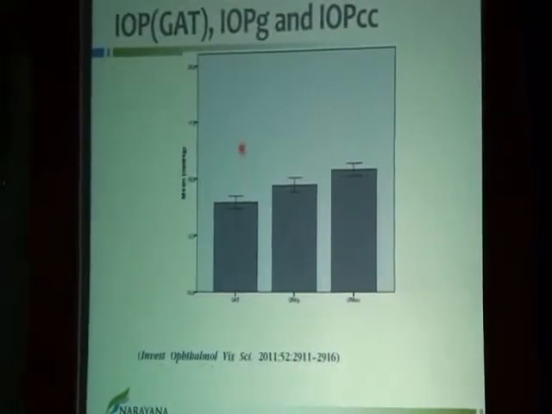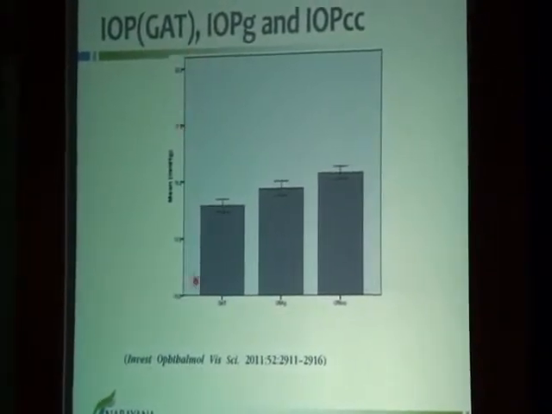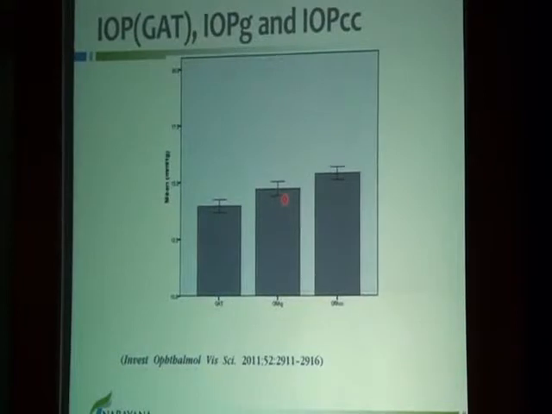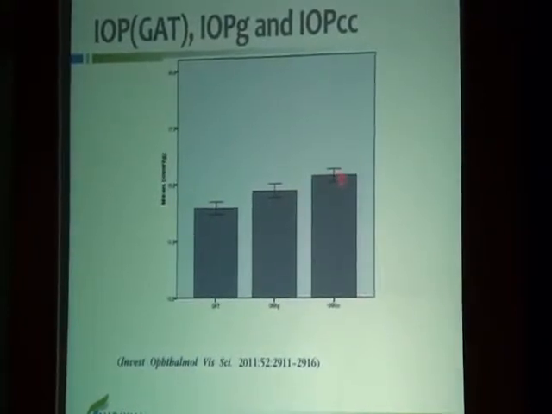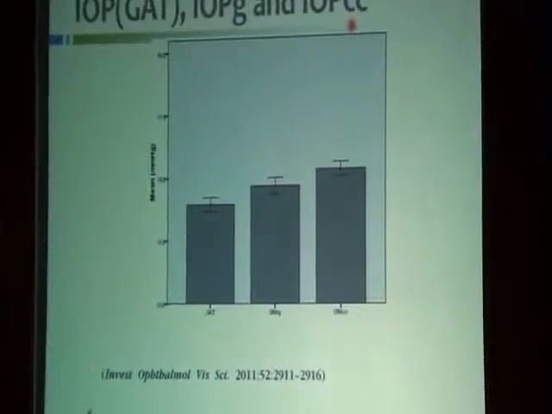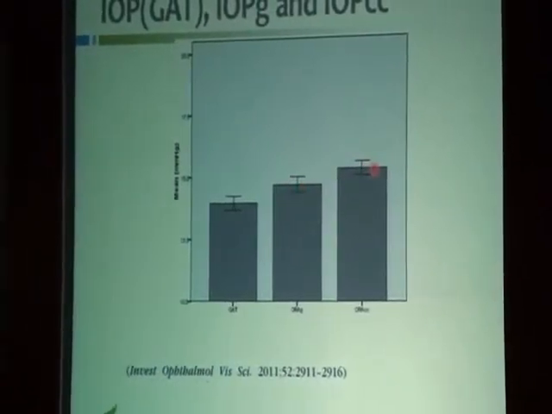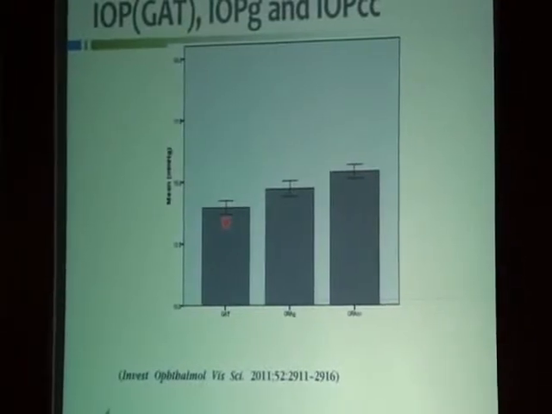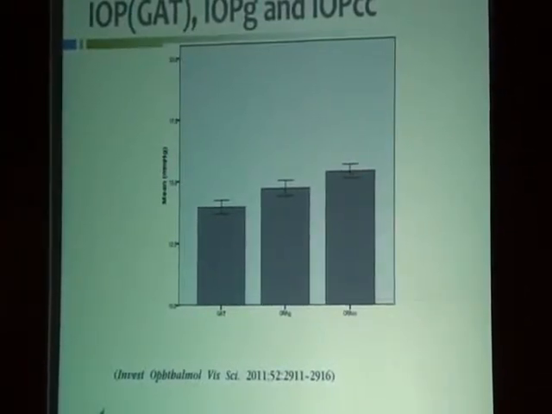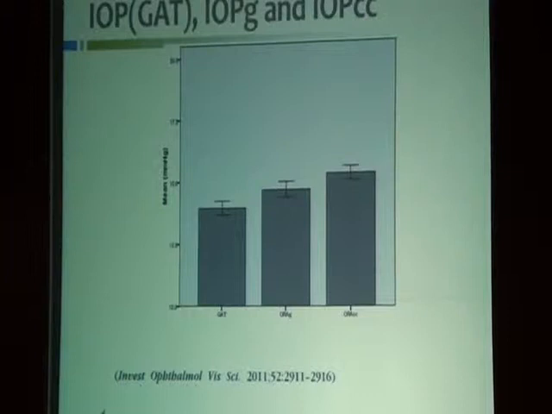When it comes to the intraocular pressure measured by this instrument, both the IOPg, that is the Goldmann correlated, and the IOPcc, that is the corneal compensated, are measured a little higher than the GAT values. This is consistent throughout all the studies.